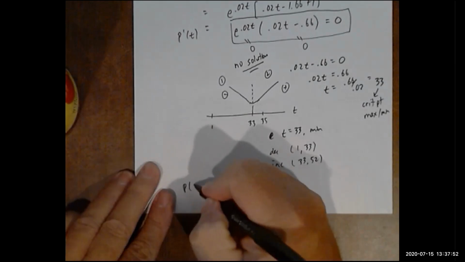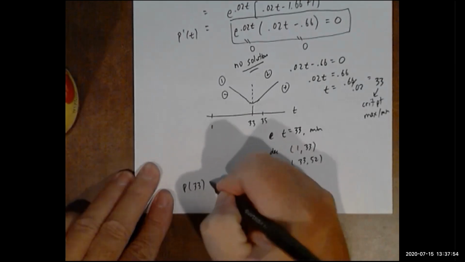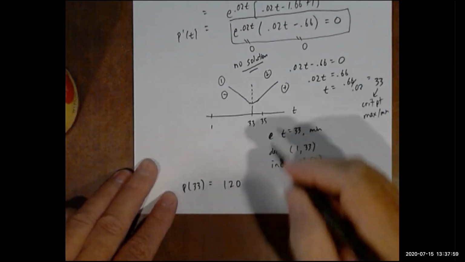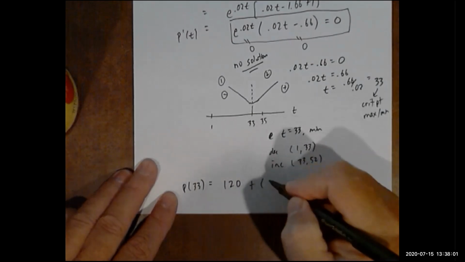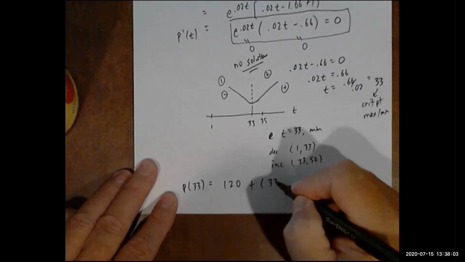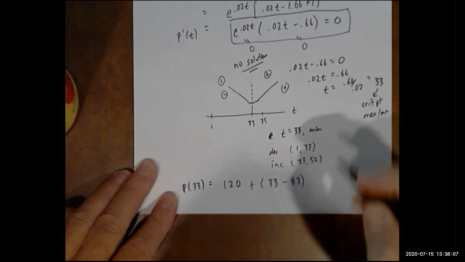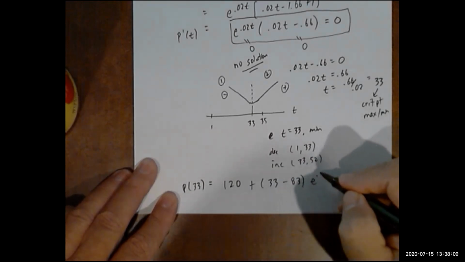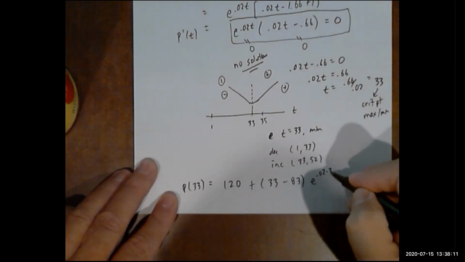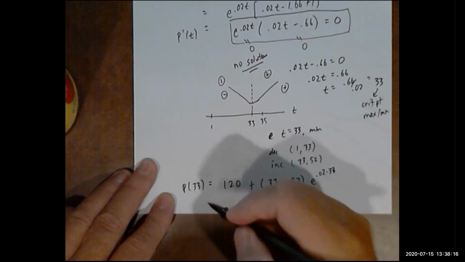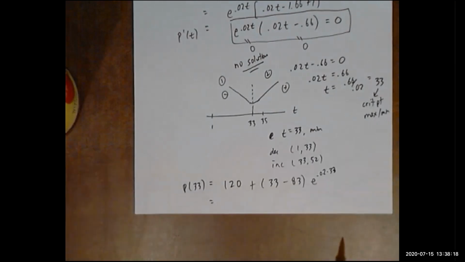So I have to go P of 33. So 120 plus 33 minus 83 e to the 0.02 times 33. Now this is definitely a calculator kind of problem.